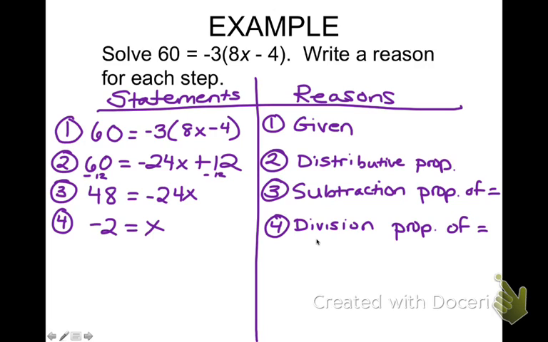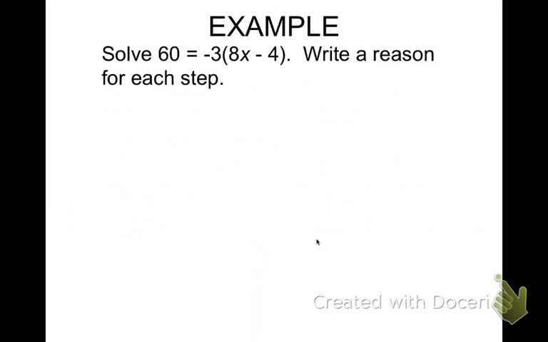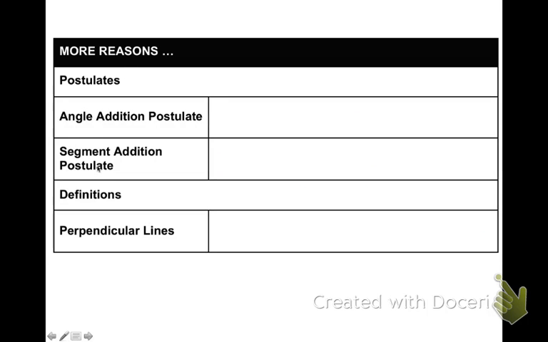Okay, so now let's start taking it into the geometric world. So let's remember, back to chapter 1, some of our postulates that we've already been introduced to. Angle addition postulate. Remember this example up here I talked about where we did this plus this equals this? We did that back in chapter 1 because of the angle addition postulate. Well, that's going to be used a lot when we're talking about proofs. Angle addition postulate. Now let's make it generic.